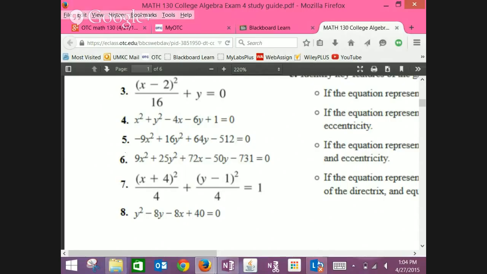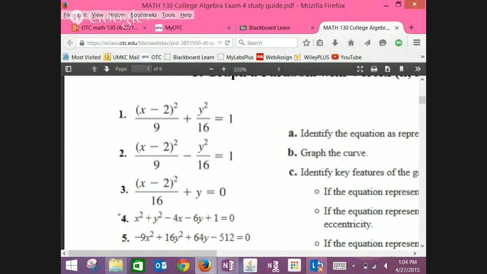What about 6? Ellipse. 7? 8? Only one of them squared. Parabola. Hyperbola is going to be when they're both squared, but one of them's negative, right? So like 2 and 5, right?